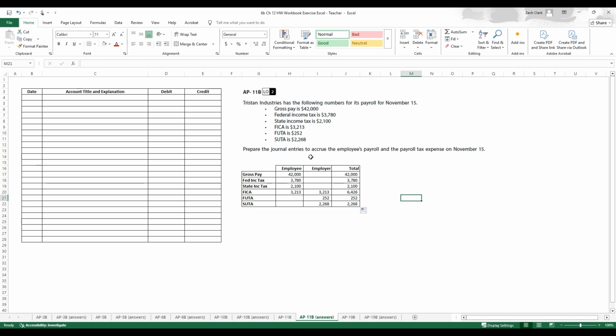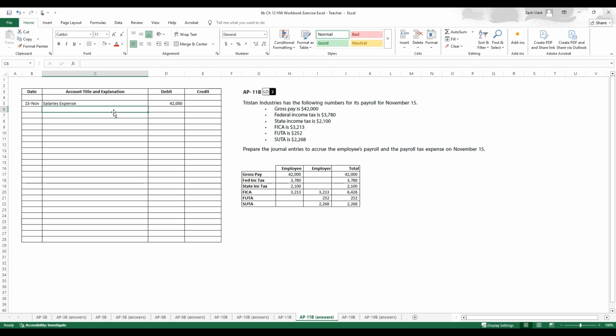And then it tells us to prepare these two journal entries, like I said. So this was November 15th. And the first thing we can do is just do salaries expense. That's going to be our debit and the expense that we, as the business, are recognizing in total. So 42,000. And let's just link it in since we already did the calculations down there.